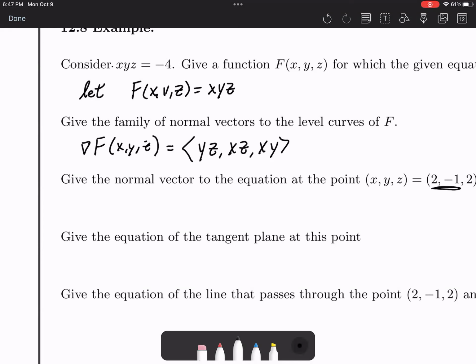So this point is on that equation. So the normal vector is going to be my gradient vector evaluated at 2, -1, 2. This is going to give us -2, 4, and -2.